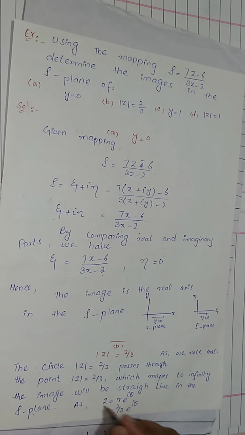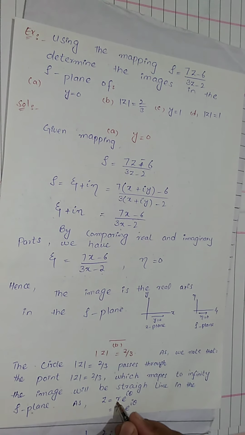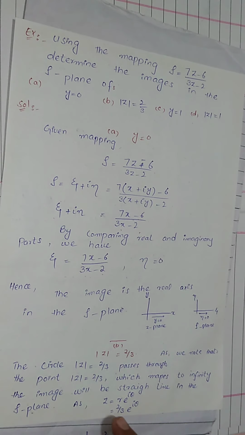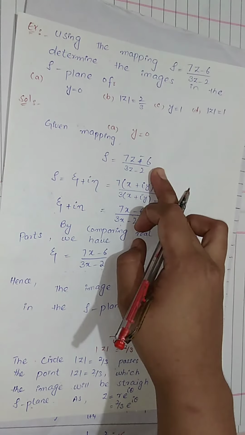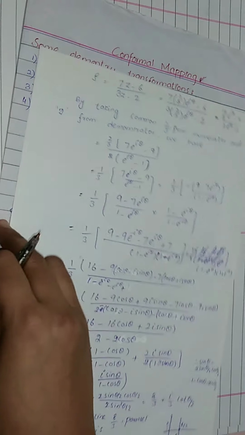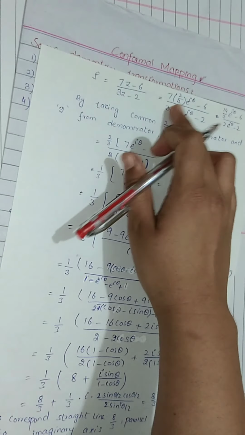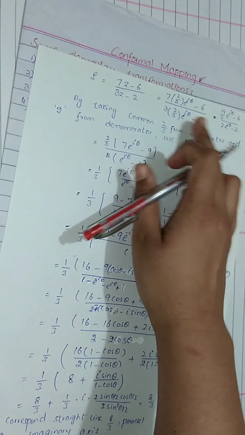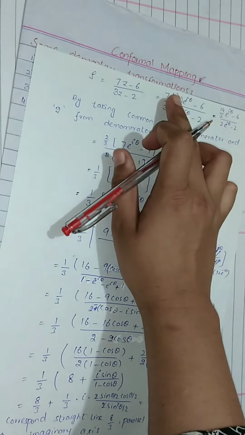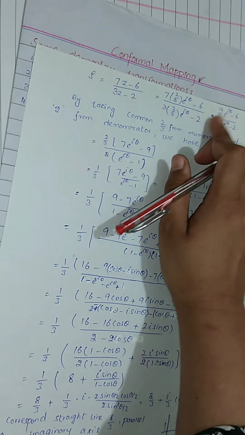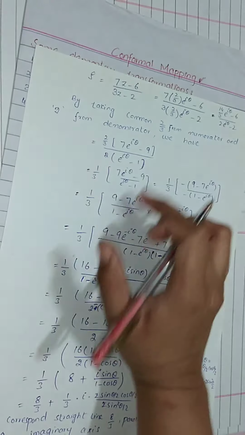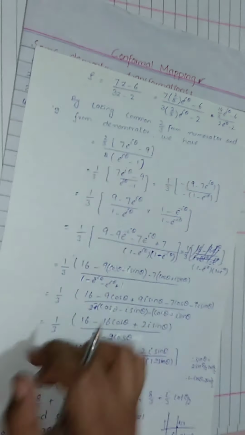We know that z is equal to r e to the power iota theta, and here r is equal to 2 by 3, so z is 2 by 3 e to the power iota theta. Just put the value of z in this equation. So we have (7 into 2 by 3 e^(iota theta) minus 6) over (3 into 2 by 3 e^(iota theta) minus 2). 7 into 2 by 3 is 14 by 3 e^(iota theta) minus 6, and 3 cancels with 3, so 2 e^(iota theta) minus 2.